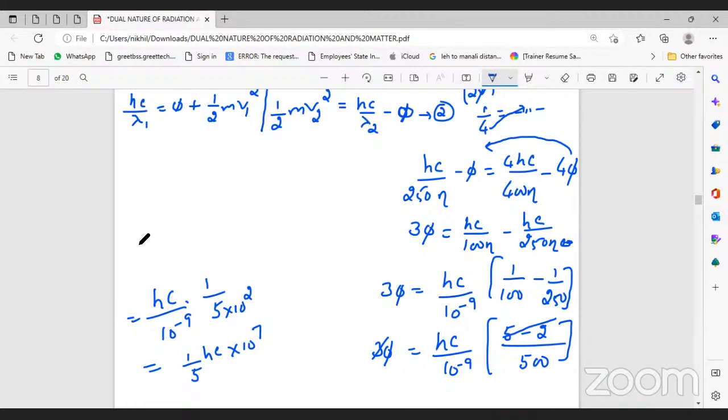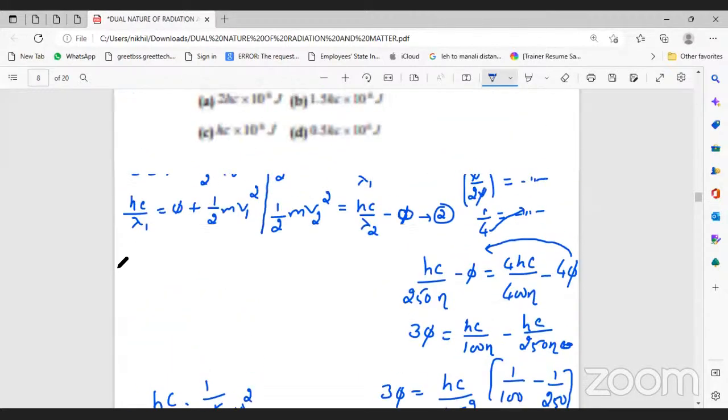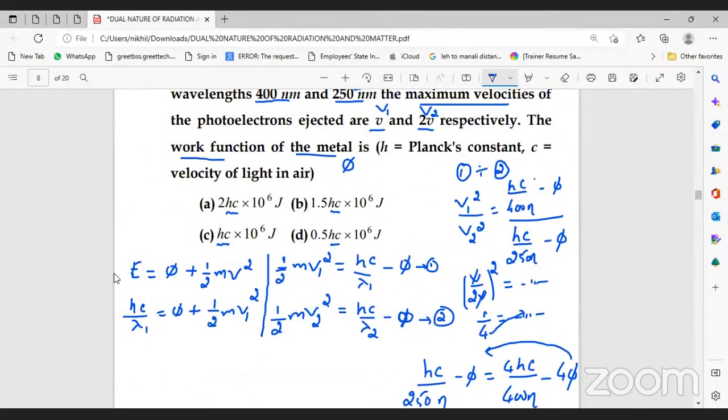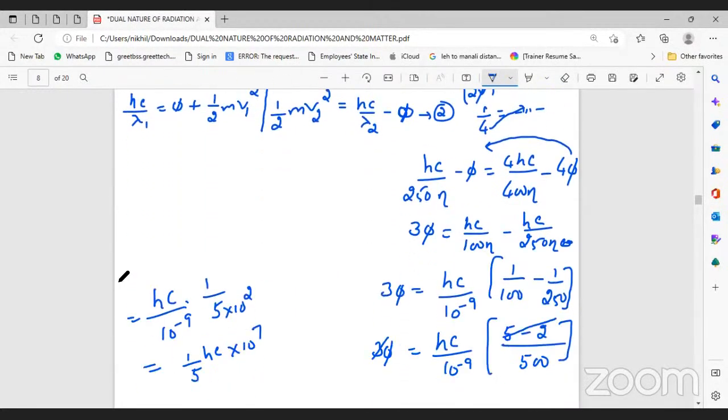So you can tell which is the right option. Simplify 1 by 5. 1 by 5 is 0.2 hc into 10 power 7.